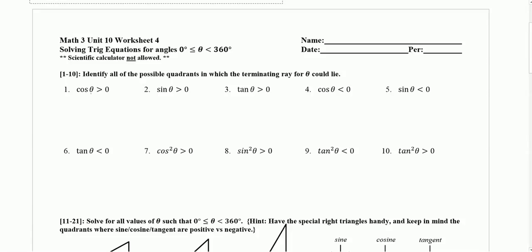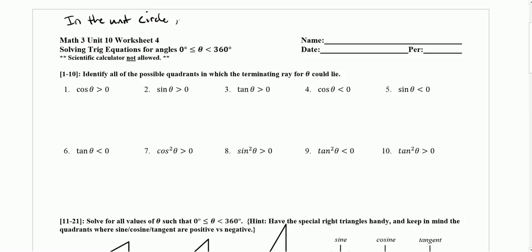So here on number 1, we're told that cosine of theta is greater than 0. So we're going to have to remember that in the unit circle, the unit circle is a circle with 0, 0 as the center and a radius equal to 1.